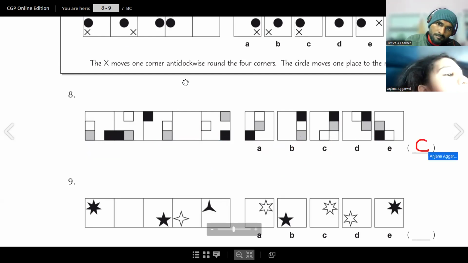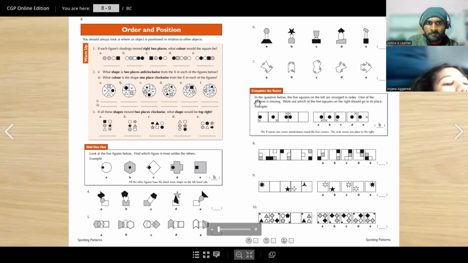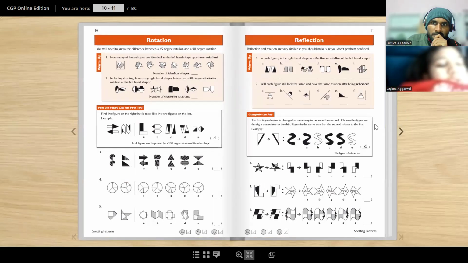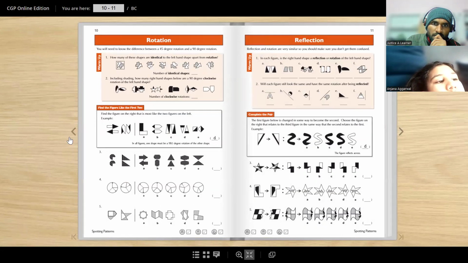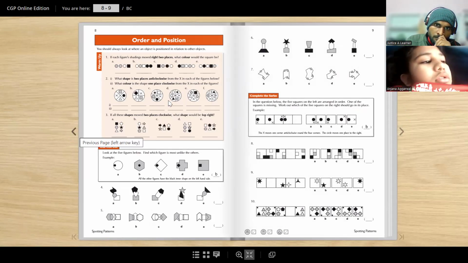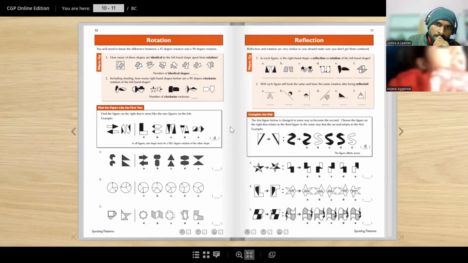No. Can we stop now? Yep. This was done. Rotation, no, I don't know how to do that one. Can we go on to the next page? Order and position done. So rotation and reflection.